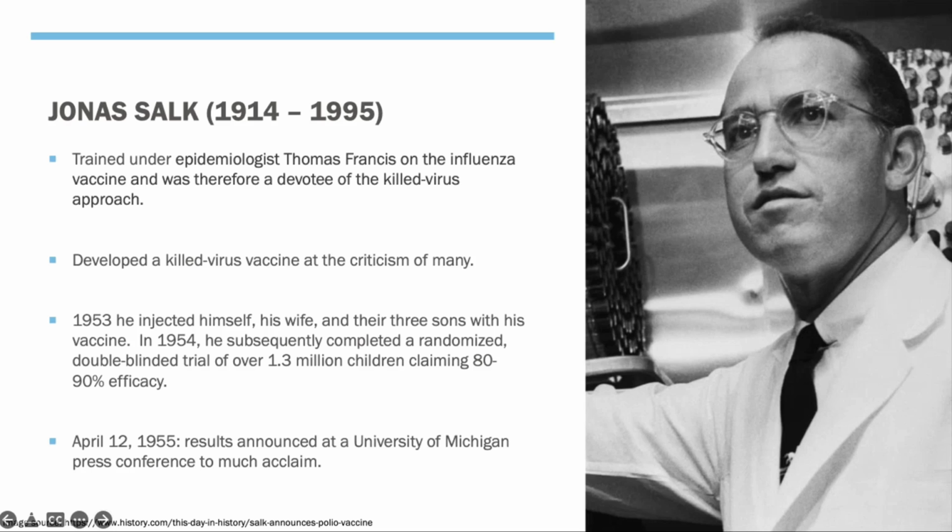In 1954, he went on to do a randomized double-blind trial of over 1.3 million with excellent efficacy. And it was in April of 1955 that his results were announced at a press conference to much acclaim.